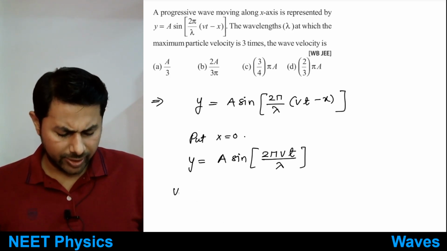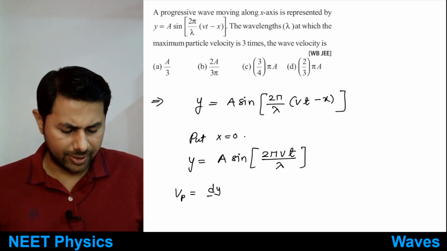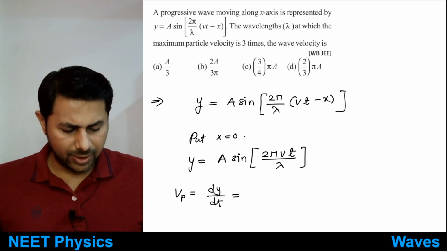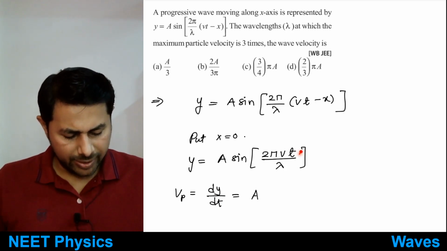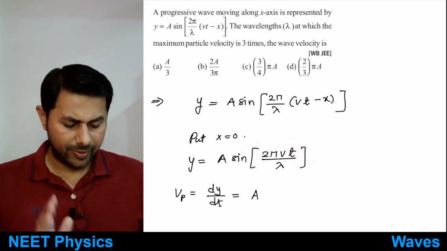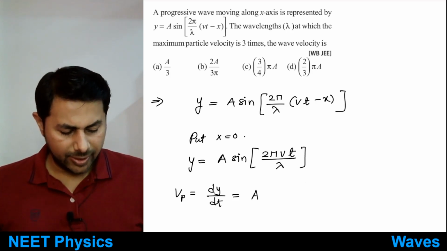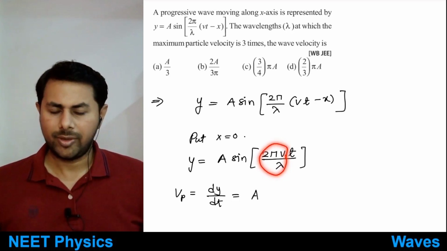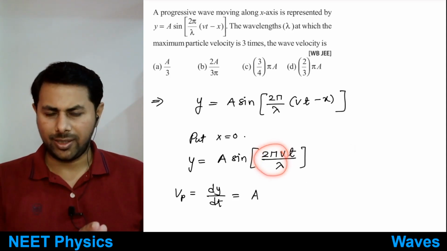And what is this? This is the velocity of the particle, vp. Velocity of particle is equal to dy by dt, and it is equal to a multiplied by, now the derivative of sine is cos. Okay, you have sine of this bracket, then the derivative would be cos of the bracket, but multiplied with what? Multiplied with this thing, because we are not taking the derivative of sine t, we are taking the derivative of sine of this thing multiplied with t.